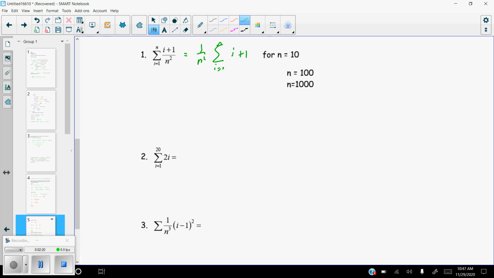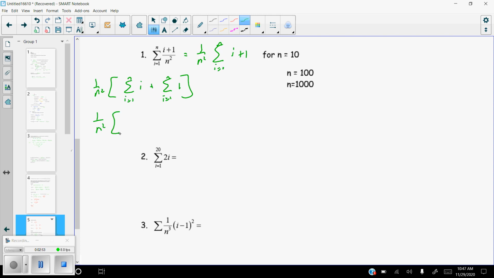Okay, I can use another property that says I have the sum of two things, i plus 1. I can separate those into two different sums. So I can make the sum of i plus the sum of 1. All right, so now we're at a point where I can use some of those summation formulas that I gave you on the other page.